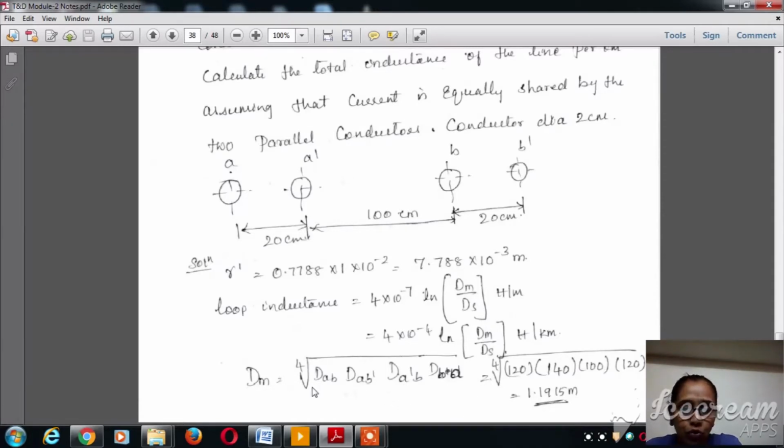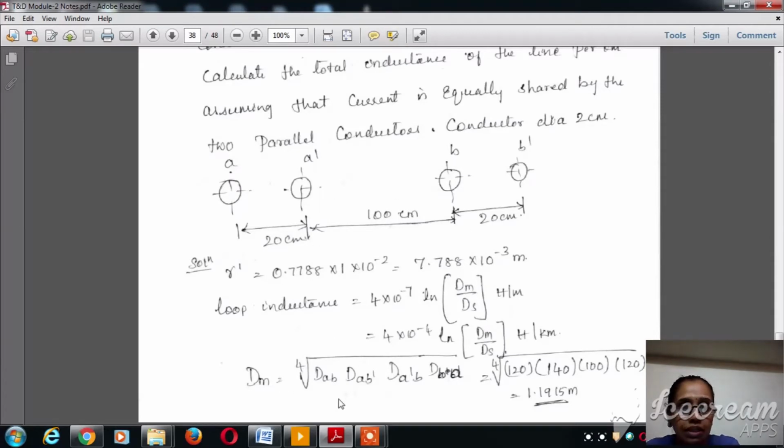Now DAB, the distance between the A and B conductor, is 20 plus 100, that is 120, multiplied by DAB dash, which is 120 plus 20, that is 140.